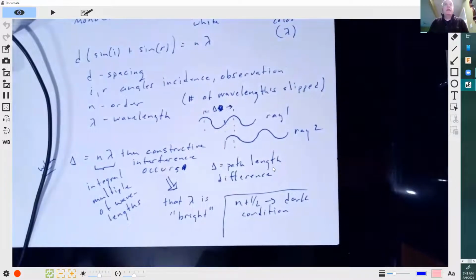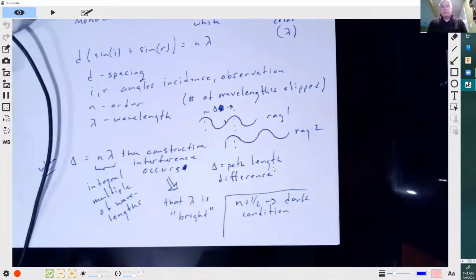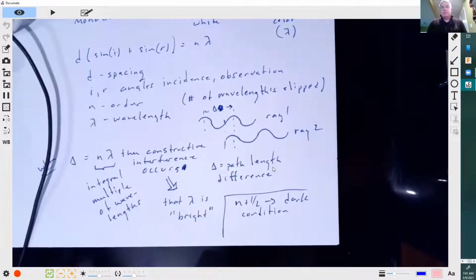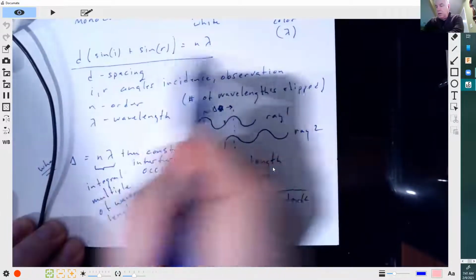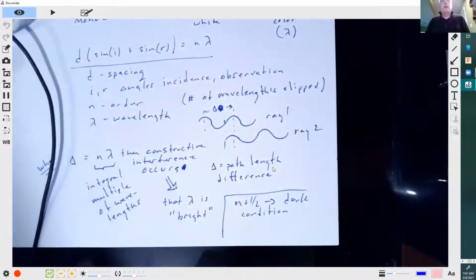Right? And so this equation up here is called the grating equation, and that one will guide you on setting your wavelength. Normally, what you'll do is rely on the fact that this has been done extremely carefully in the past with certain elements.